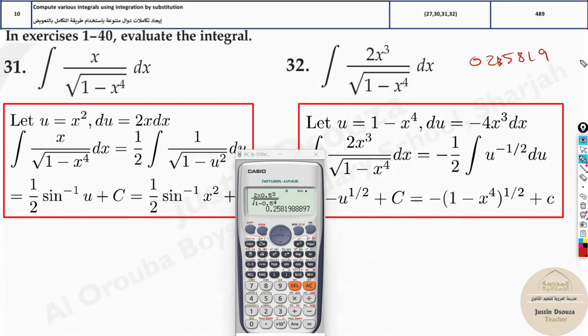Write it over here somewhere, and then try all four options. Let us try this. Shift and d by dx. Here it is negative, open the bracket, 1 minus x to the power 4. Now write it as it is, to the power half, that is the square root.